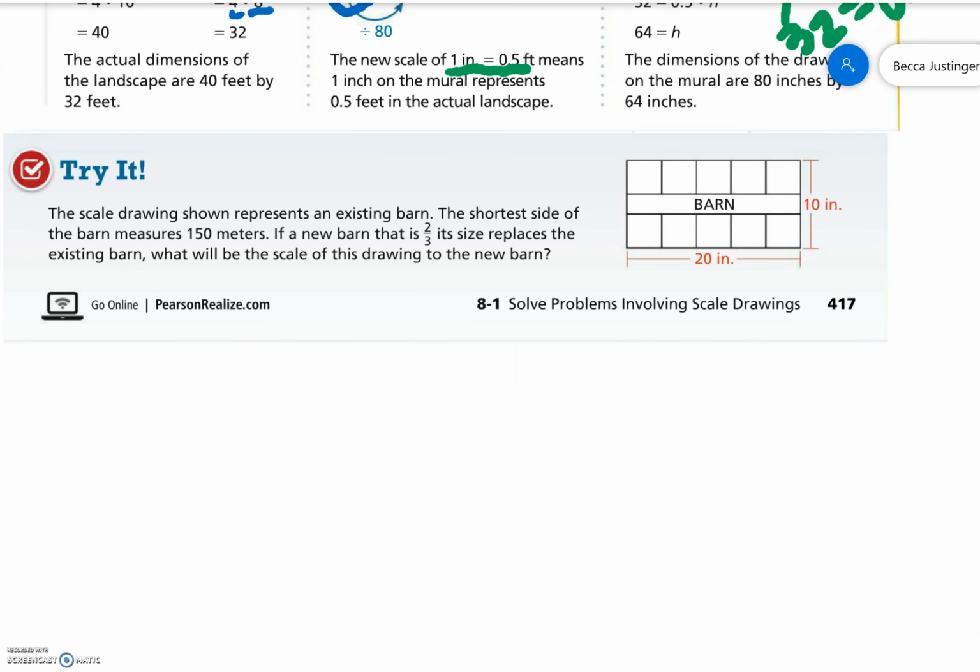The scale drawing shown represents an existing barn. The shortest side of the barn measures 150 meters. So this part here. If a new barn that is 2/3 its size replaces the existing barn, what will be the scale factor of this drawing to the new barn?